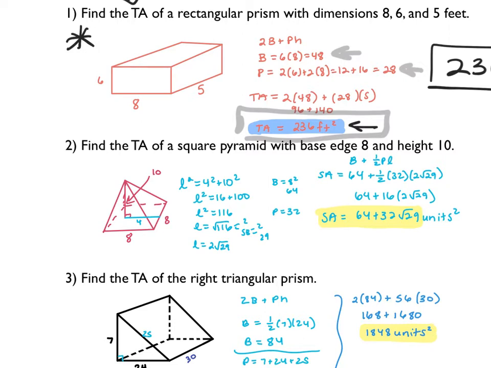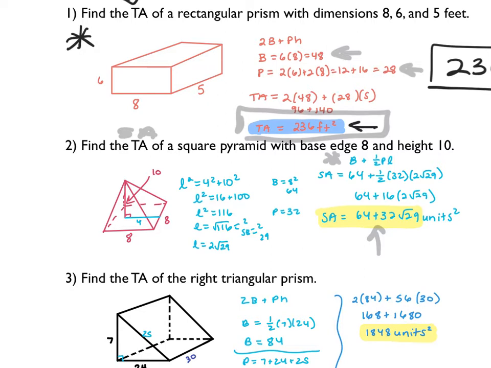So for this one, they gave us the height, so we had to find the slant height, because the formula for total area or surface area of a pyramid is the base area plus the lateral area, which is 1/2 perimeter times slant height. Now, if it said to leave it in simplest radical form, this is your answer.